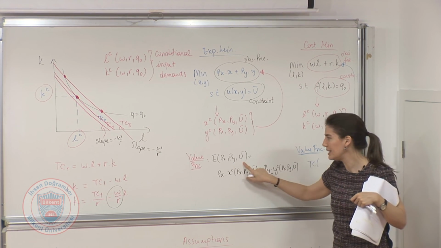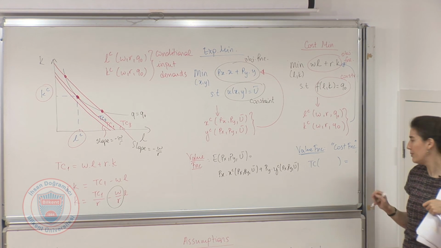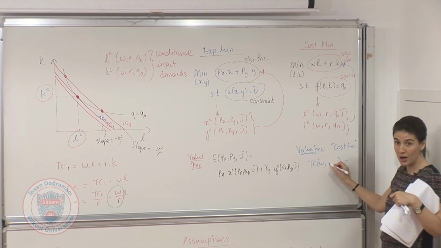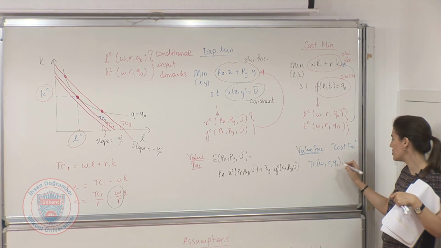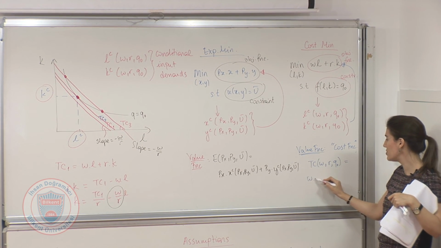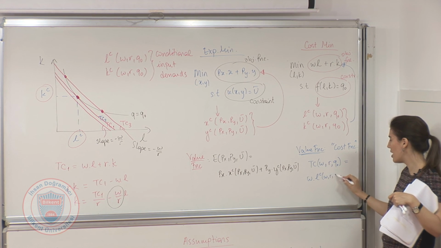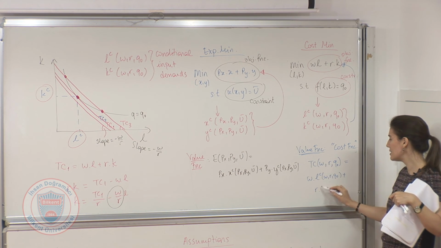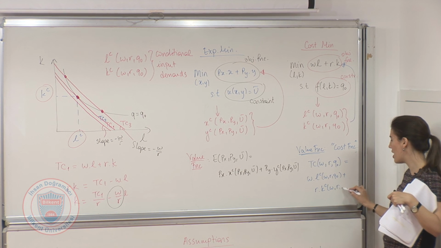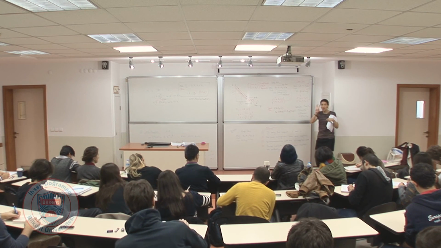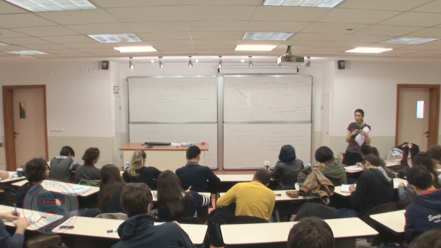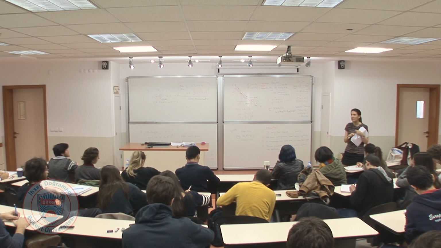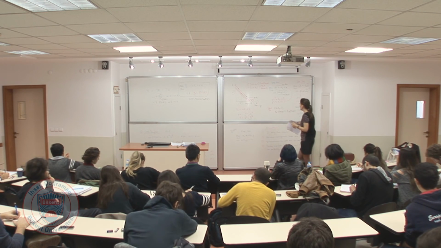Just as we had it here: wage, R, and Q0, or Q, whatever you want to call it. So this is basically wage times LC of wage, R, Q0, plus R times KC of wage, R, Q0, okay? So you see, because you know expenditure minimization, you actually know this. Okay, so this is basically the case.